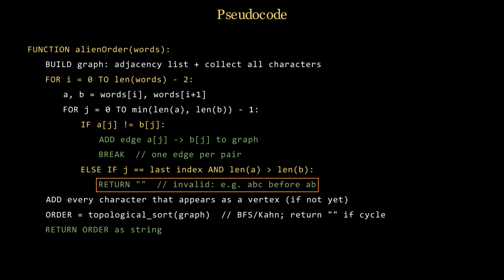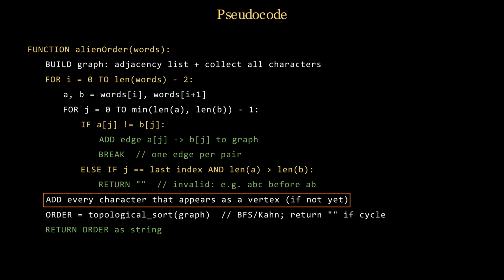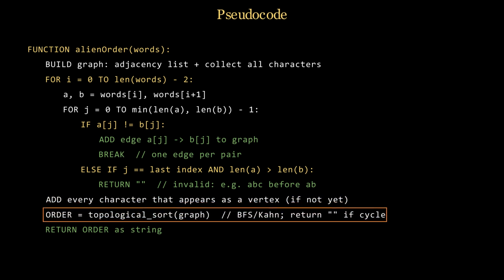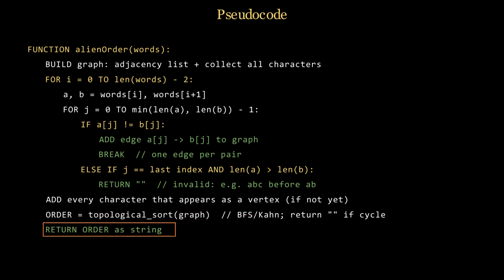Return an empty string, for example ABC before AB is invalid. Make sure every character is a vertex in the graph, even if it has no edges. Run topological sort on the graph, BFS/Kahn's, and return an empty string if there is a cycle. Return the topological order as a string.